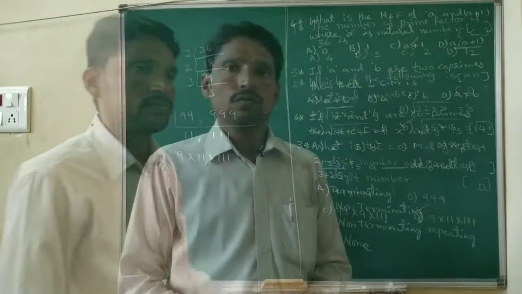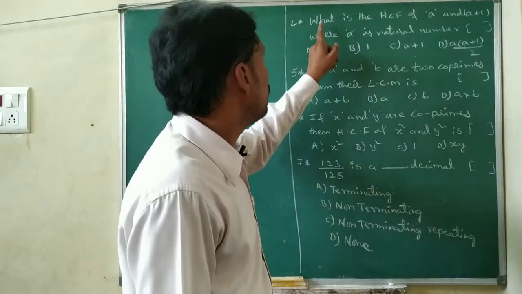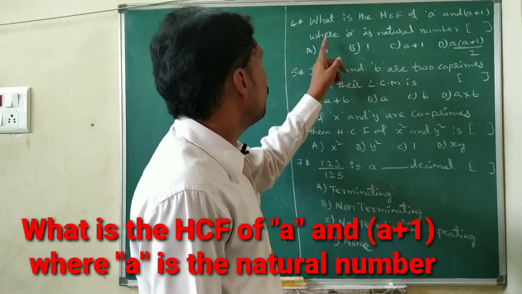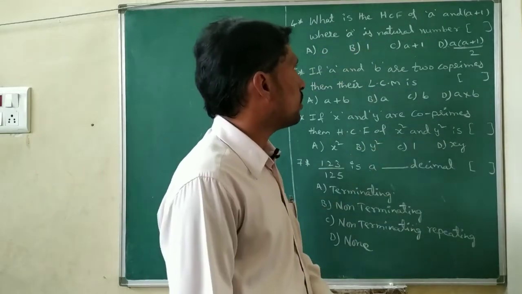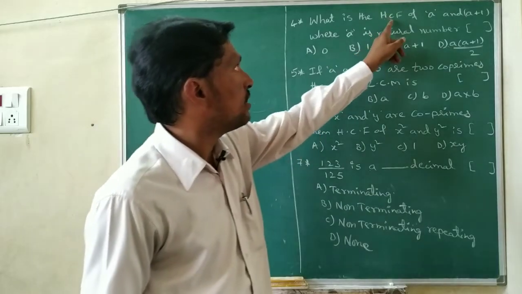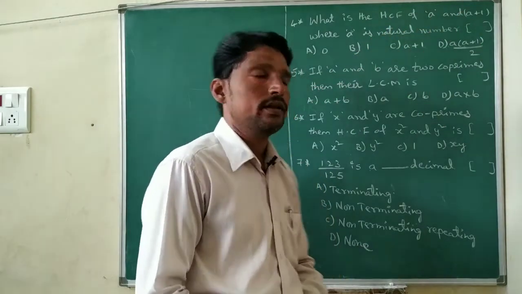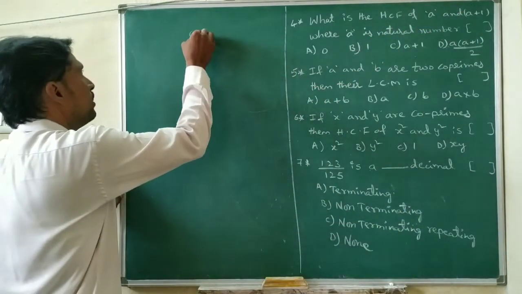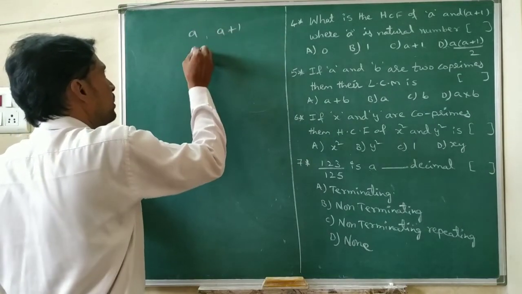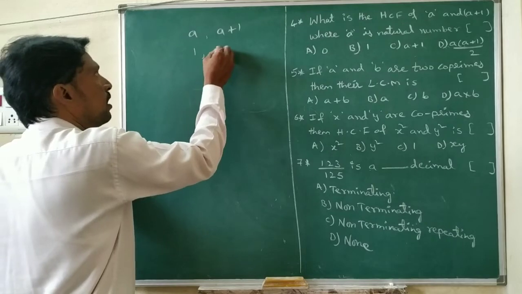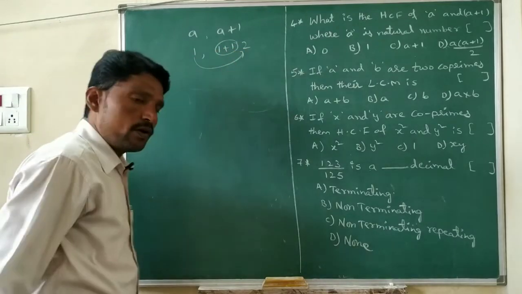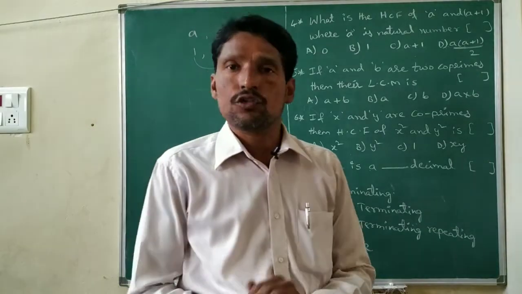Next, fourth question. What is the HCF of A and A plus 1, where A is a natural number? So here HCF of A and A plus 1. For example, if we take A value as 1, then 1 comma 1 plus 1, which is 2. 1 comma 2 are consecutive numbers.